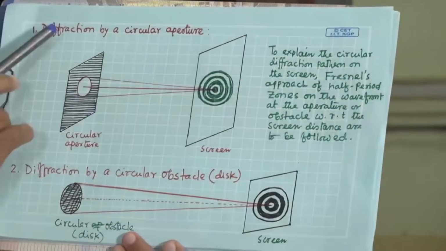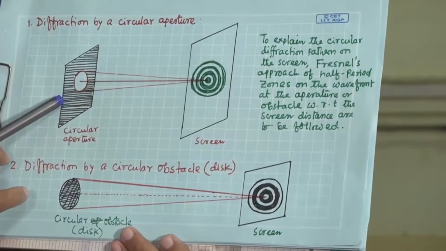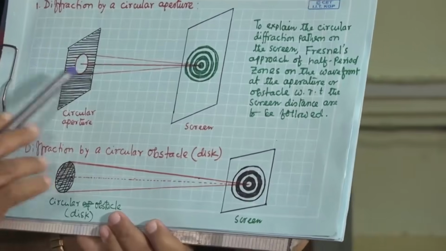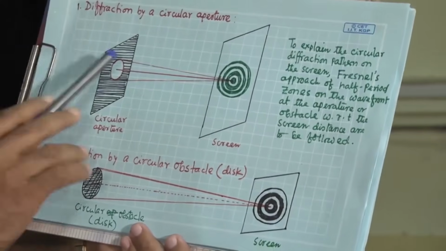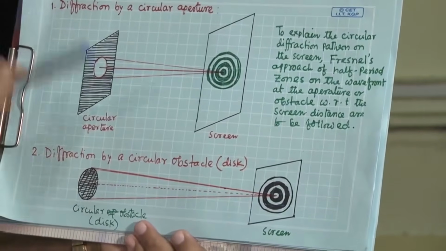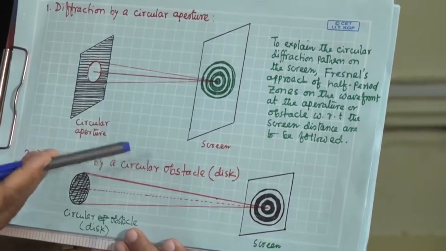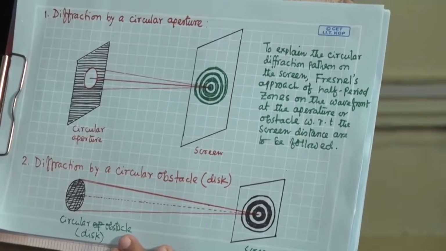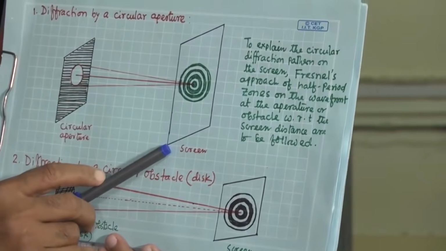Fresnel diffraction can generally be seen with a circular aperture. Parallel light comes in, so it is a plane wavefront: the source is at infinite distance and the screen is at finite distance.